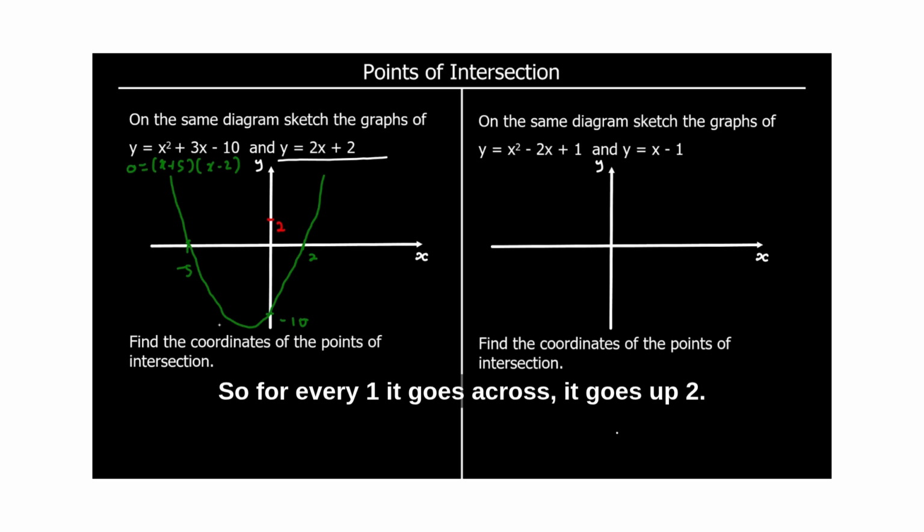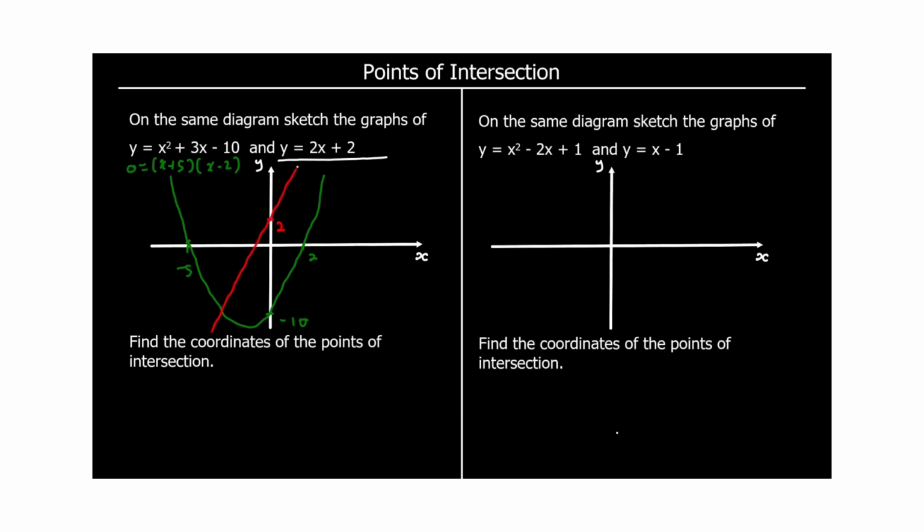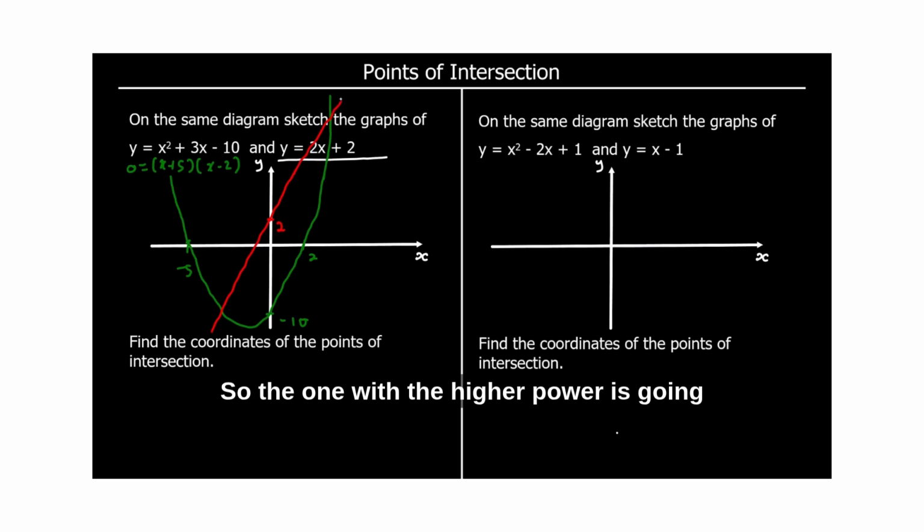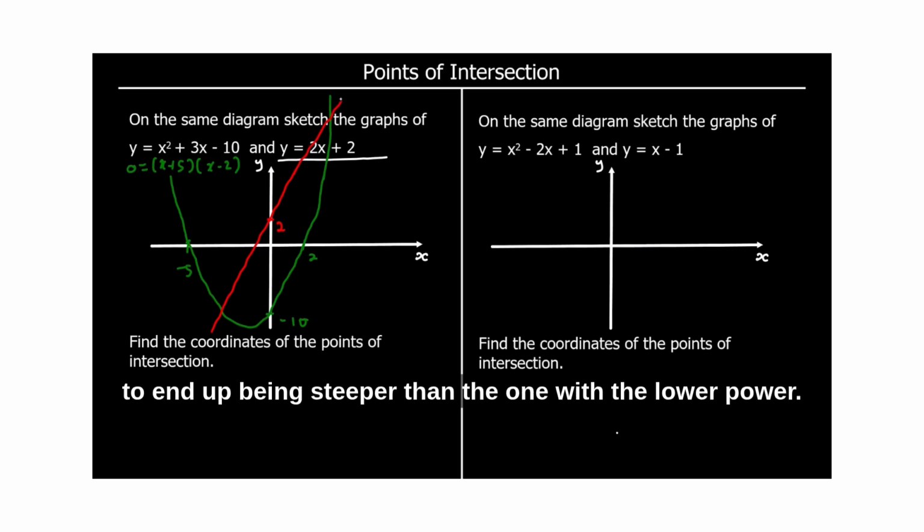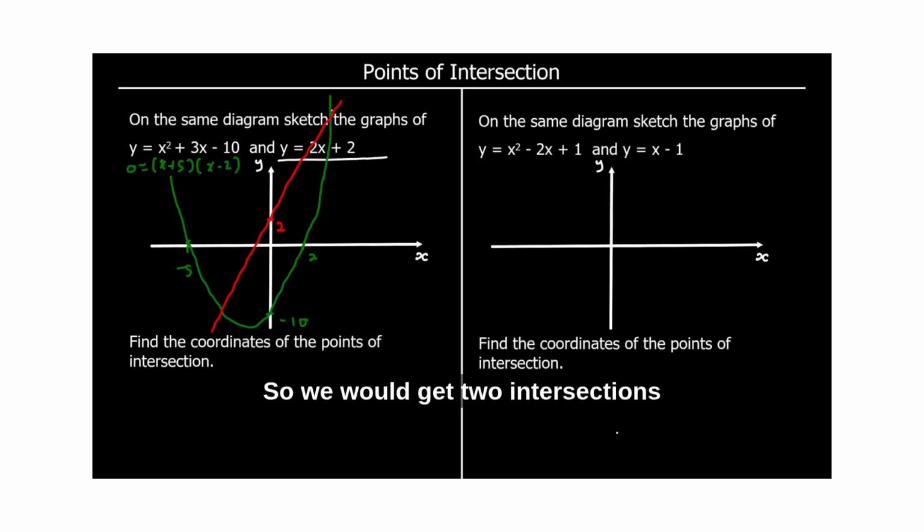So for every one it goes across, it goes up 2. That's a straight line like this. So again, the quadratic's going to be steeper than the straight line. So eventually these two lines are going to cross again. The one with the higher power is going to end up being steeper than the one with the lower power. So we would get two intersections between these.